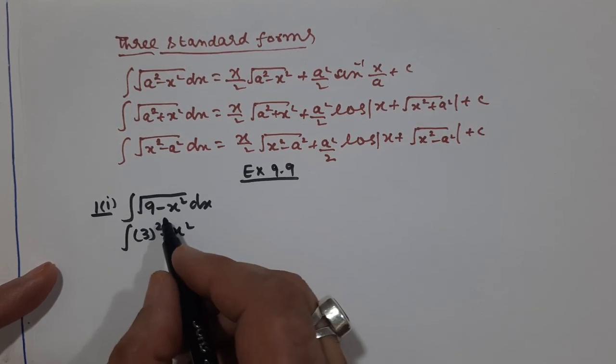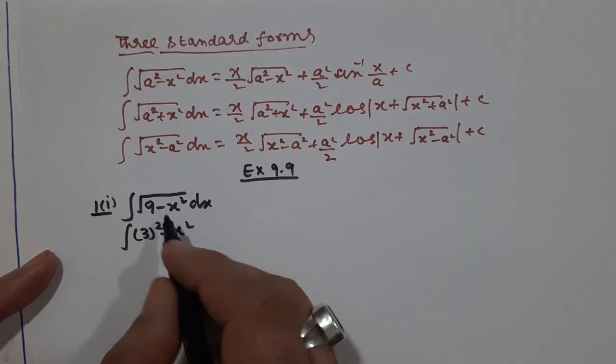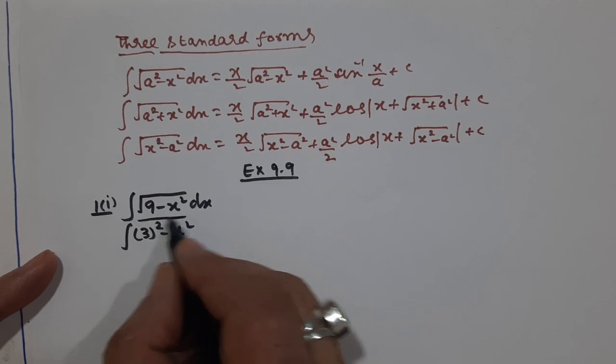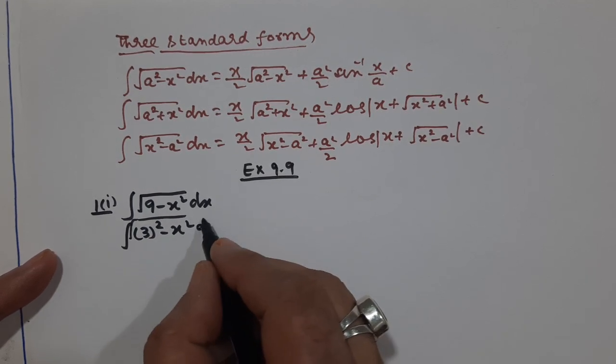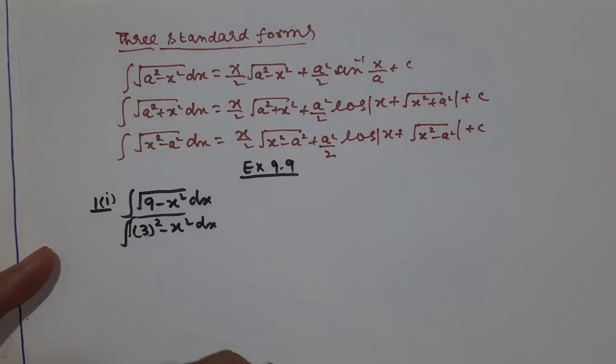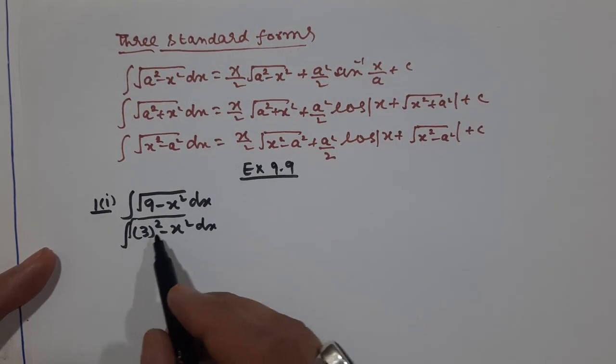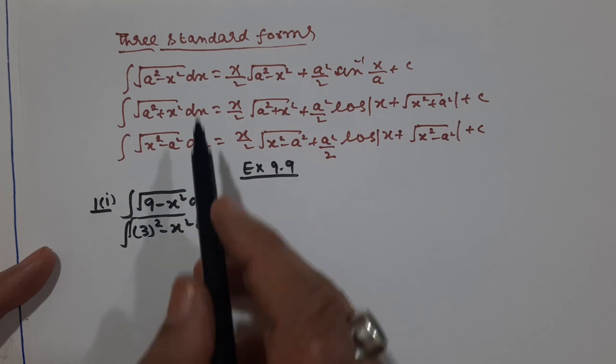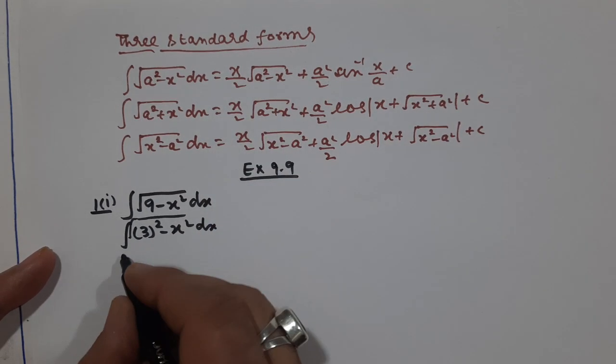Students, you have to keep in mind that the coefficient of x square should be 1. If the coefficient of x square is not 1, then we have to make it 1 by taking a common number. So this is of the type under root a square minus x square, so we apply the very first formula.